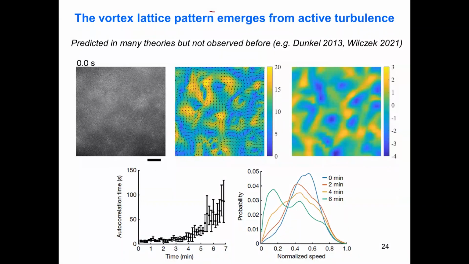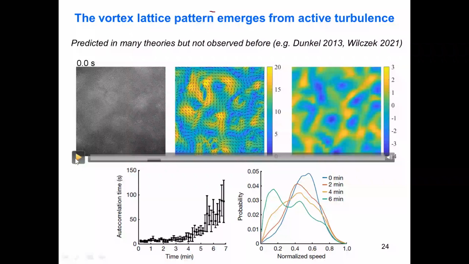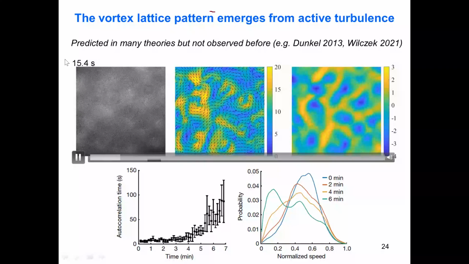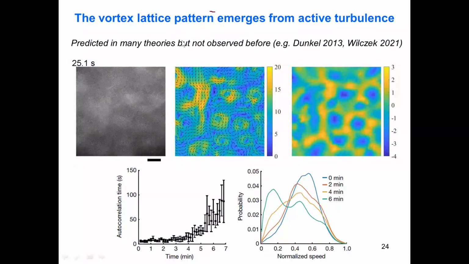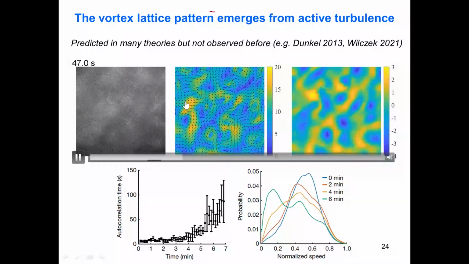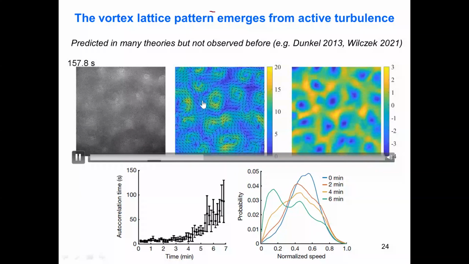When we looked at the development of this large scale, centimeter scale vortex lattice, we found that it emerges from a very disordered active turbulence-like structure.